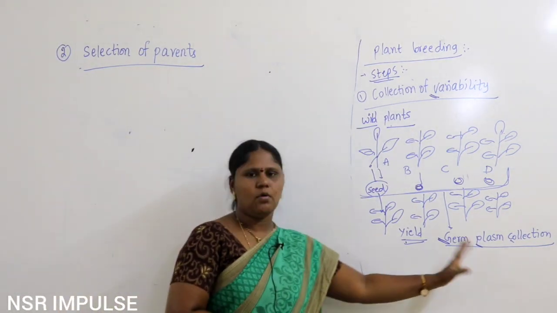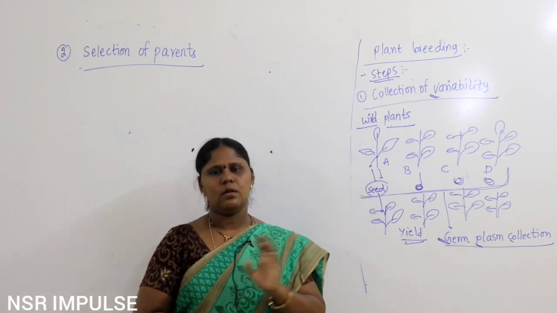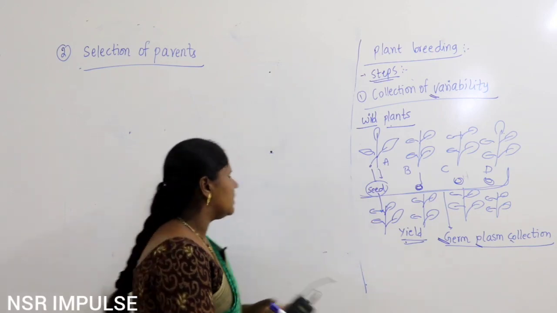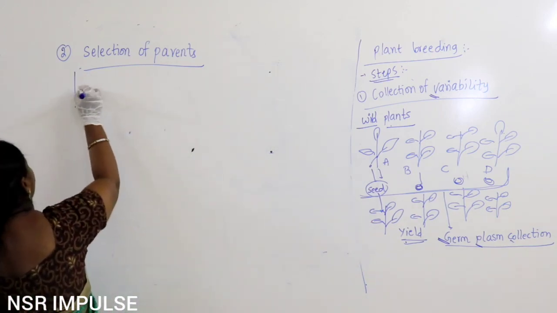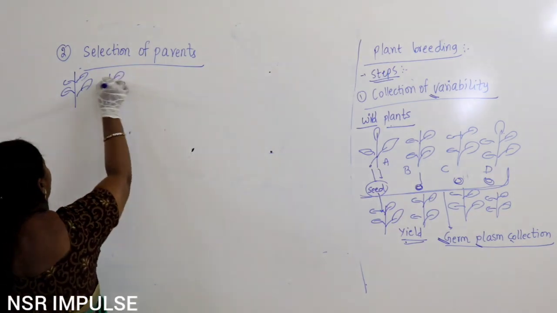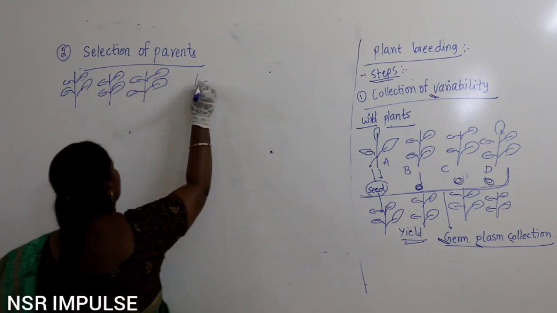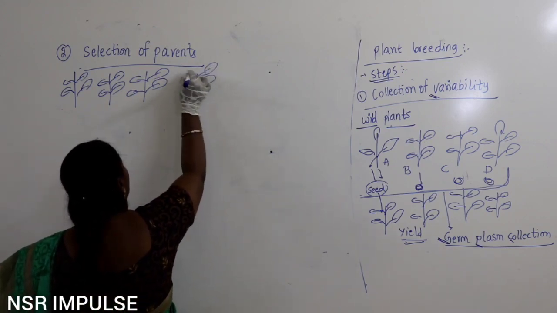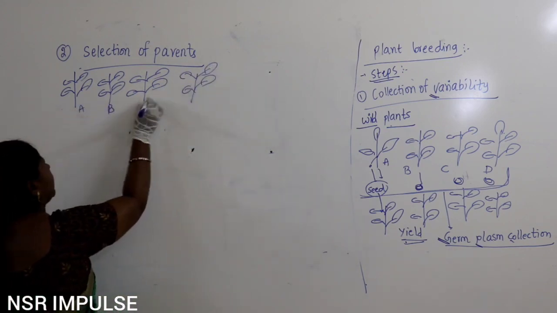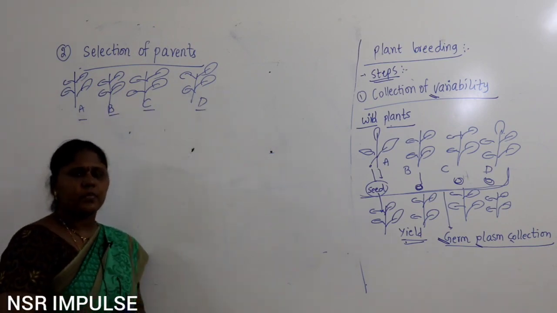First I collected all plants, different varieties. Now I need to select the parents. So, again I will see that all plants are in front of me. A plant, B plant, C plant and D plant. There are different varieties of plants there.